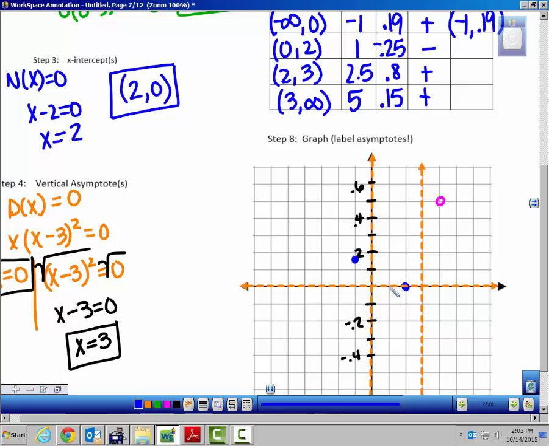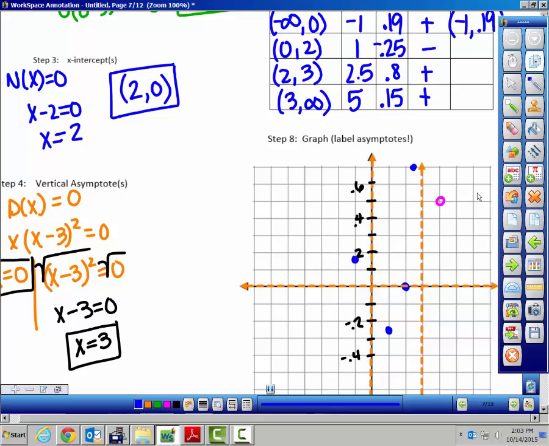And at 1, we are at negative 0.25. And at 2.5, we're at 0.8, and then that would actually be at 0.7. So it'd be just above that here. There's one more unit there.